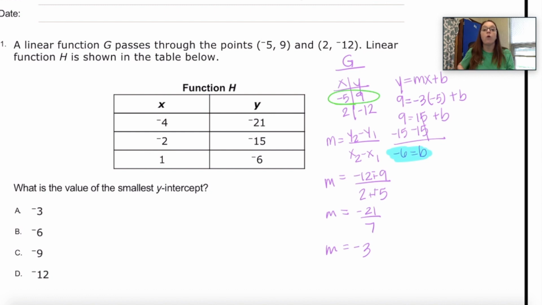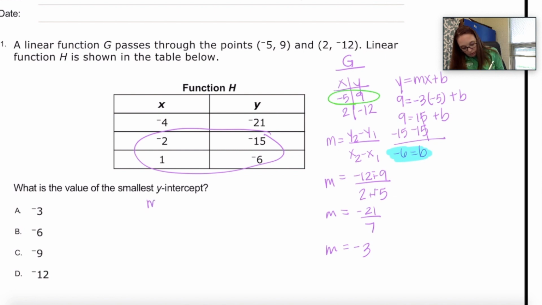Now let's find the y-intercept for function h. In function h, we have a table with 3 sets of ordered pairs. We can follow the same procedure we just followed for function g. First we find the slope. We only need 2 points to find the slope, so I'm going to start with these bottom 2 points. It doesn't matter which 2 I use.